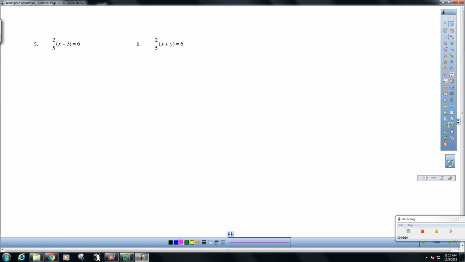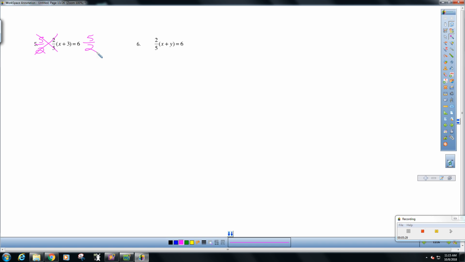Moving on. Okay, notice these are similar again. So let's multiply, instead of distributing the fraction, let's multiply both sides by 5. And while we're at it, let's divide each side by 2. Maybe you would do that in 2 different steps. That's totally fine.